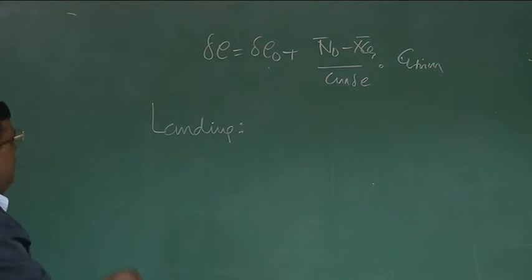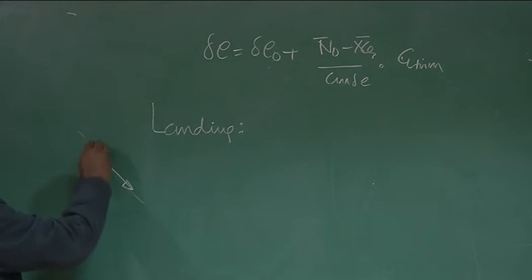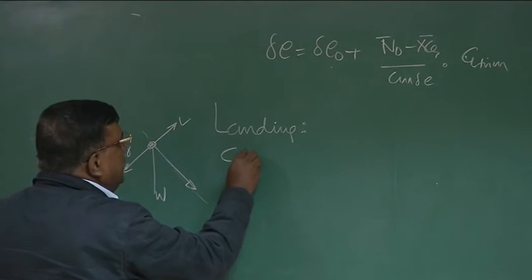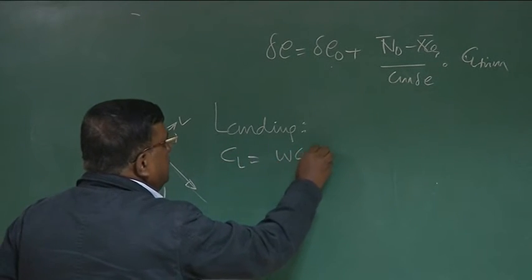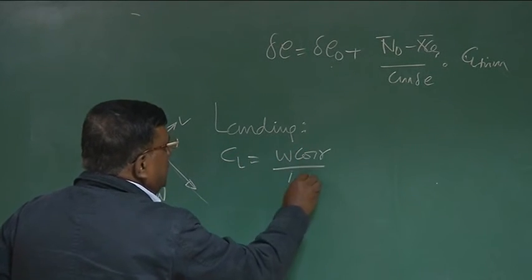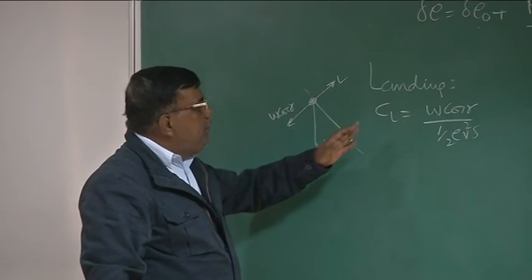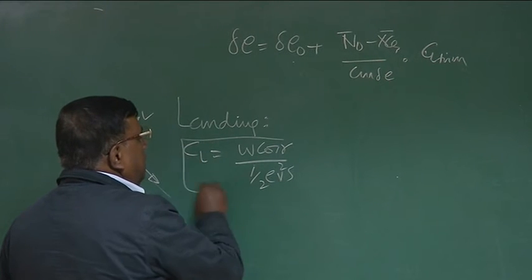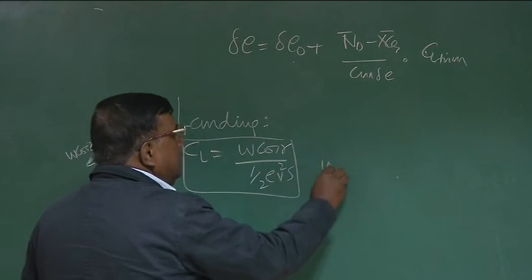During landing, what is happening? Again, the velocity vector is like this, and you want to follow this path. This is the weight, this is the lift, this is the W cos gamma. So CL will again be W cos gamma by half rho V square S. This is fine. You can find out the CL by taking the weight.